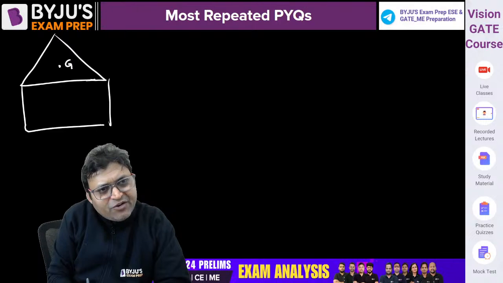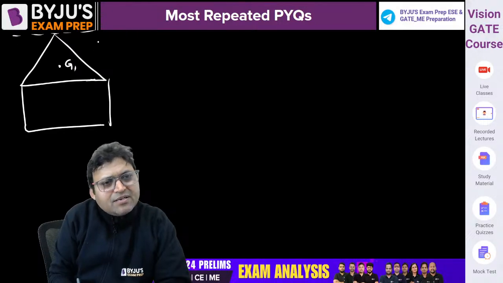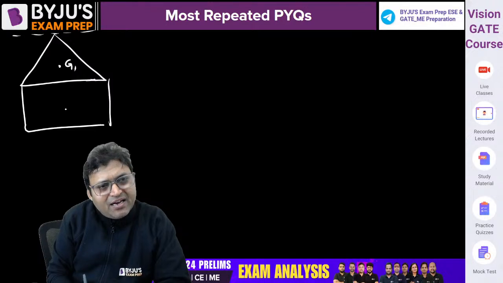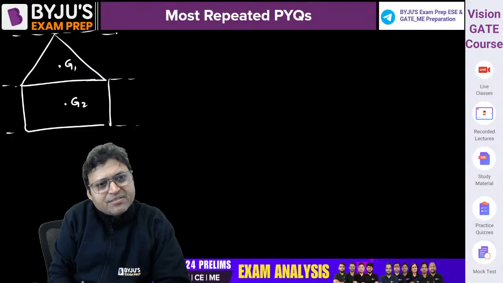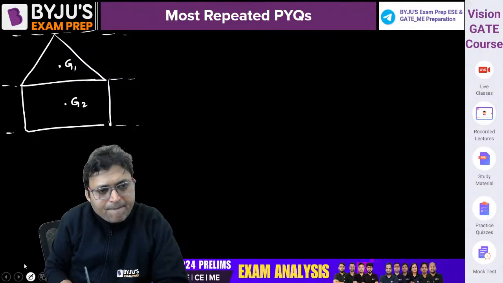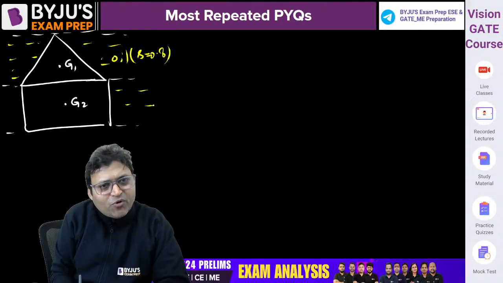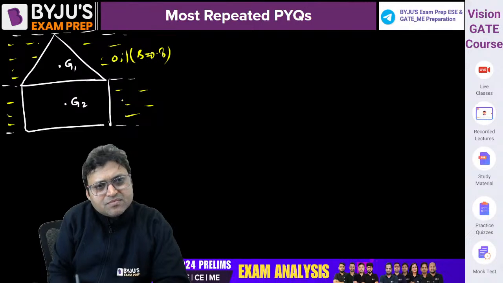Let us say G1 is the geometric center of the triangle and G2 is the geometric center of this rectangle. This is how the diagram is. There is an oil here having specific gravity 0.8 and there is water. Water specific gravity is 1.